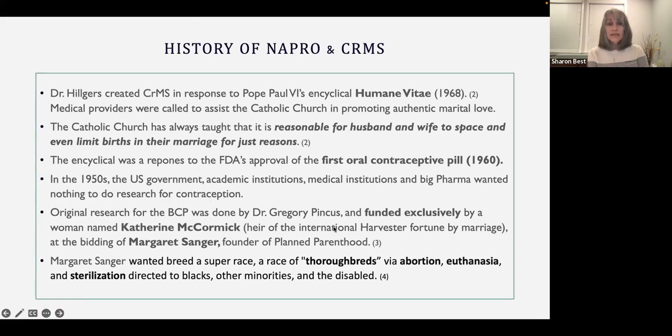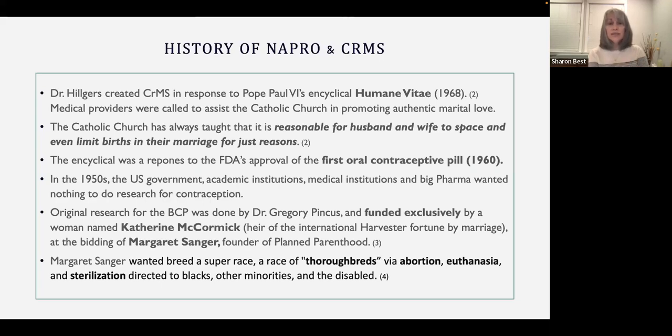It was actually the first birth control pill. The original research was funded exclusively by a laywoman named Catherine McCormick in partnership with Margaret Sanger. You may recognize Margaret Sanger as the founder of Planned Parenthood. You can easily find her early writings, and she was very openly an advocate of eugenics. She specifically had a desire and a goal to create a super race.